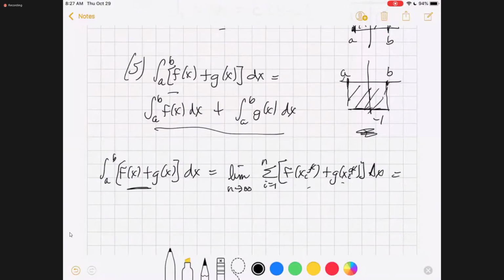So because of the way the real numbers work, I can break this limit into two limits, and I'm going to do it in two steps. First, I can break my big Riemann sum into the sum of two Riemann sums.